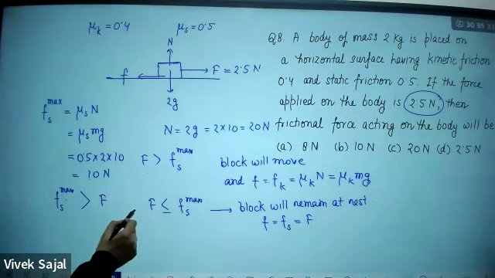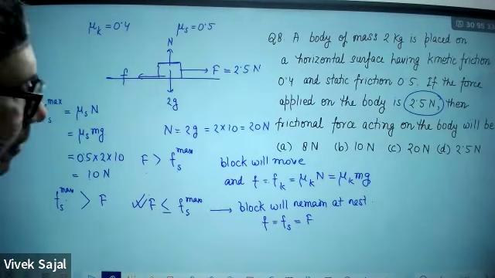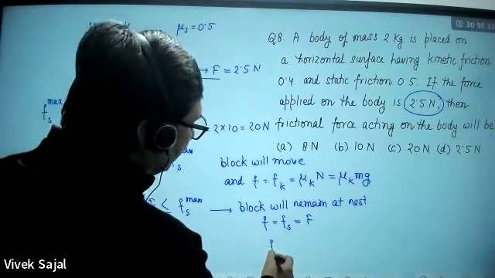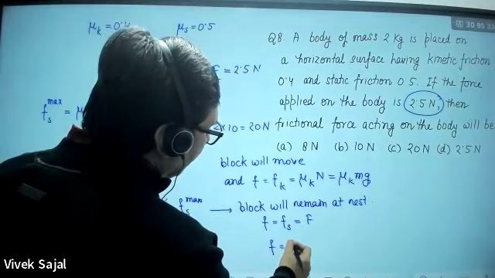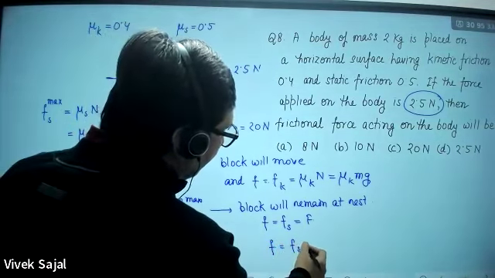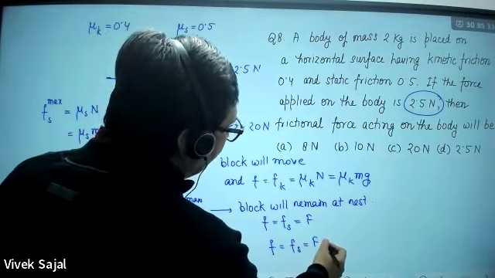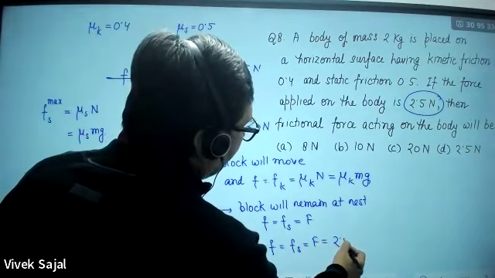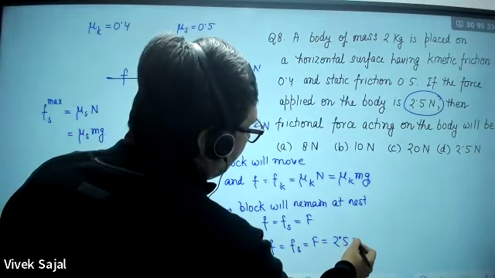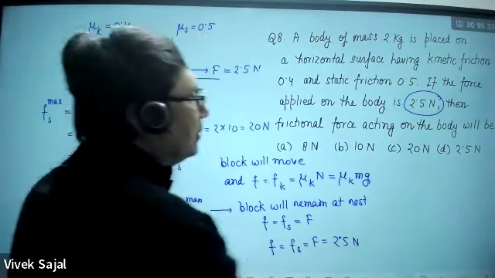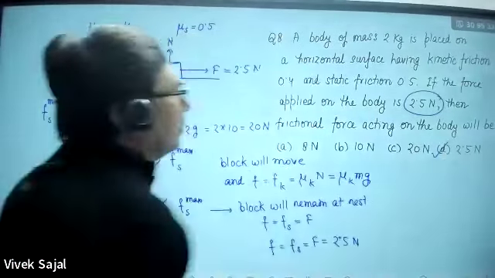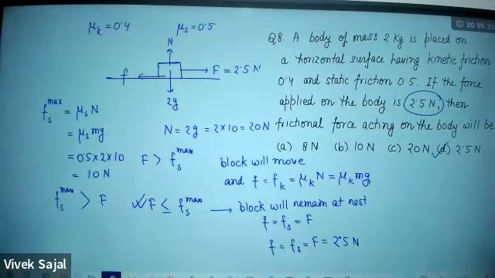So we are here in the second case: F is less than Fs max. So what will be the friction force here? The friction force will be Fs. It will just balance this applied force, so this will be just 2.5 Newton. So your answer will be option D.